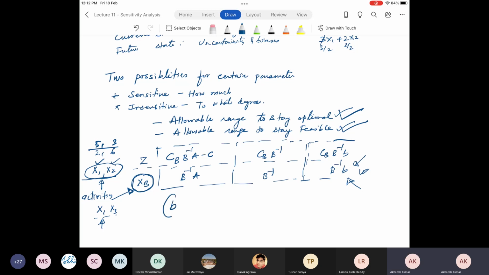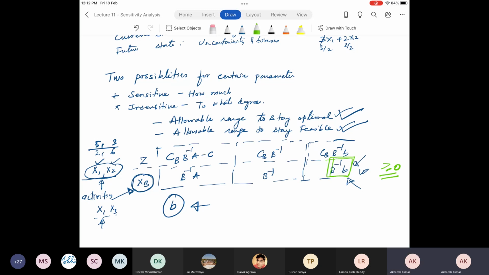If I change small b, which area does it affect? I think the feasibility side. Only the feasibility side, you are right. Here we need to ensure that whatever value I change, it should be greater than or equal to 0.